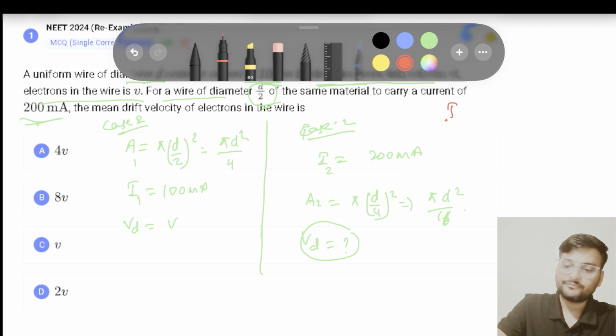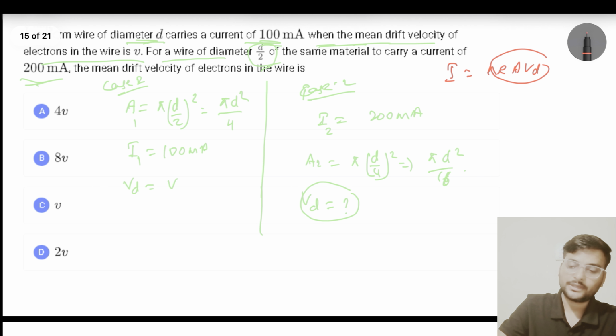We know the formula I is equal to NEA VD. N and E are the same here.